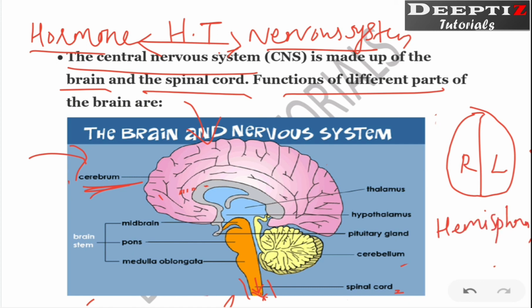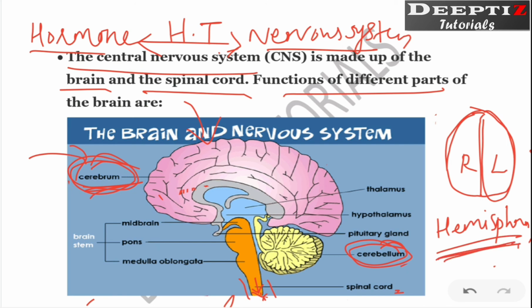This is very important to understand. Not only the cerebrum, the cerebellum is also divided into two parts. When you look at someone's face, that is the front view, the cerebrum as well as cerebellum is divided into two hemispheres, right?